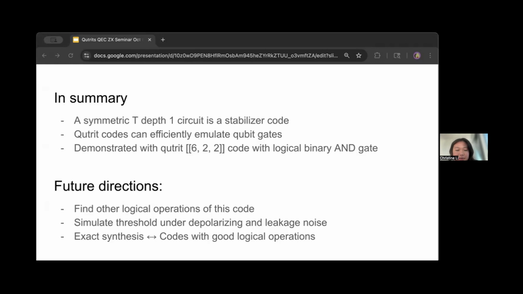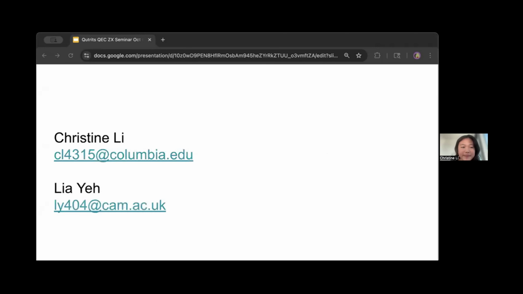We're also looking at simulating this, and possibly extending this idea of exact synthesis of symmetric T-depth one circuits to other codes with good logical operators. Yeah, so I think that's everything. Thanks.